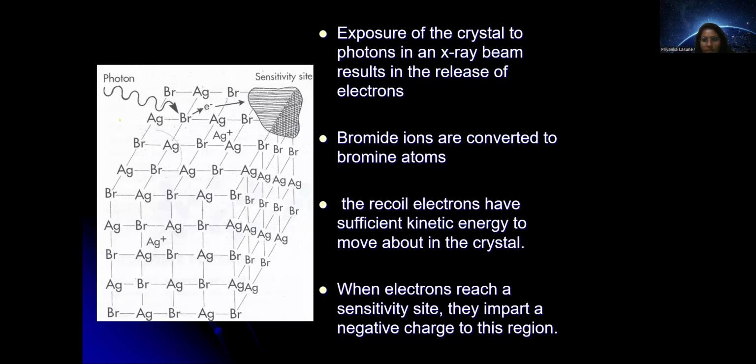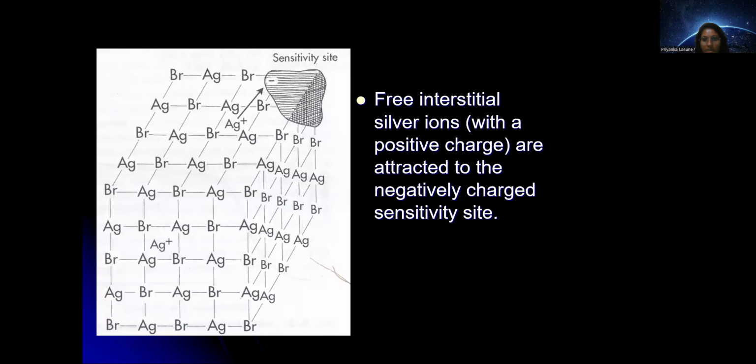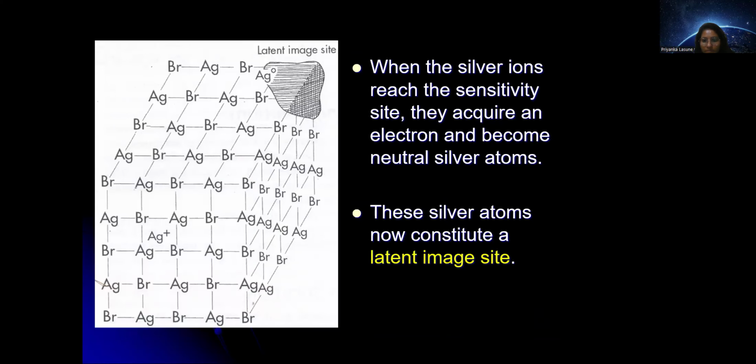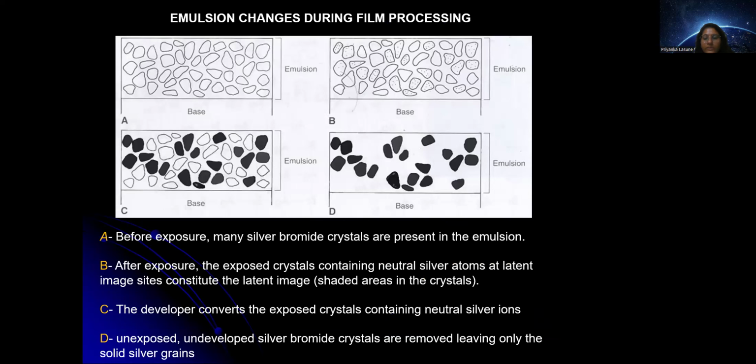The recoil electron has sufficient kinetic energy to move about the crystal. When the electron reaches the sensitive sites, it imparts a negative charge to them, and the free silver ions are attracted to the negatively charged site, and this site becomes neutral and forms a latent image.